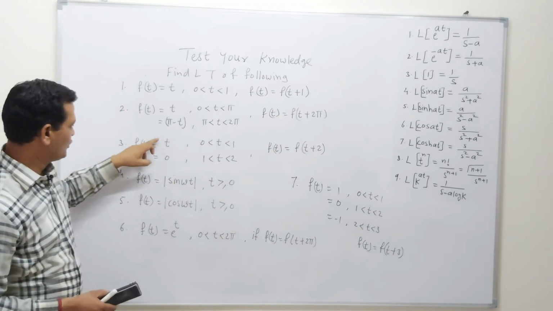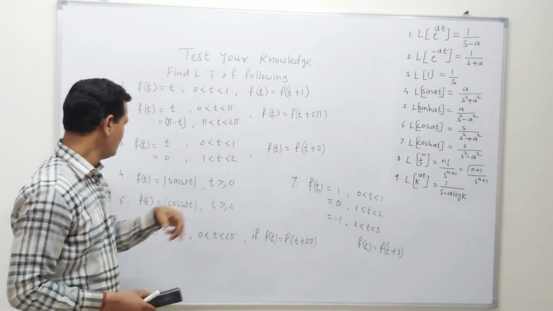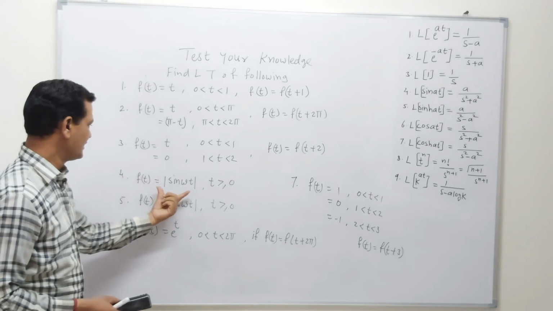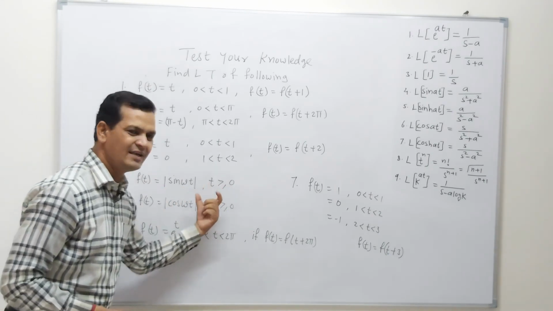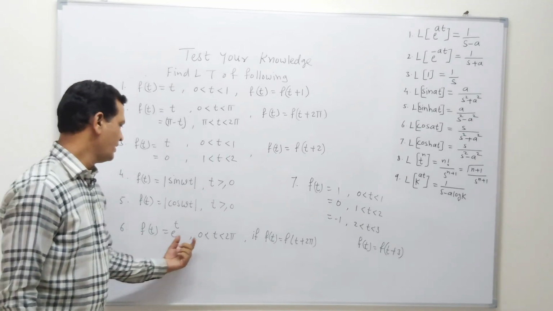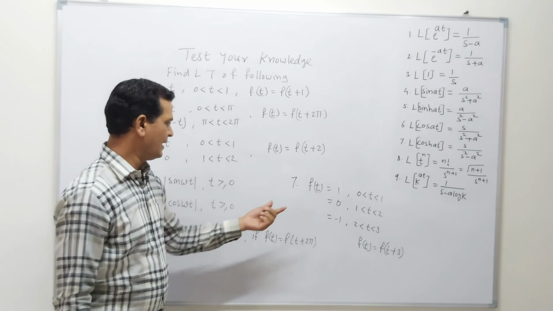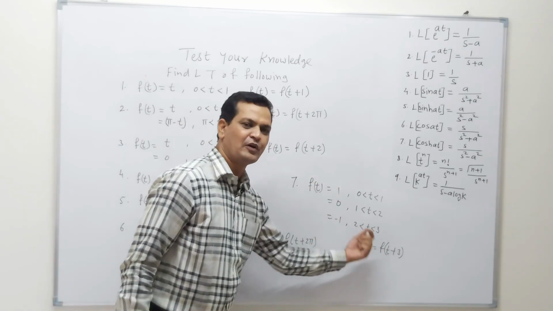Then f of t is equal to t and 0, here again the period is 2. Then f of t is equal to mod of sine omega t and mod of cos omega t, t greater than 0. And f of t is equal to e raised to t for the period 2 pi, and the last example is f of t is 1, 0 and minus 1 for the period 3.